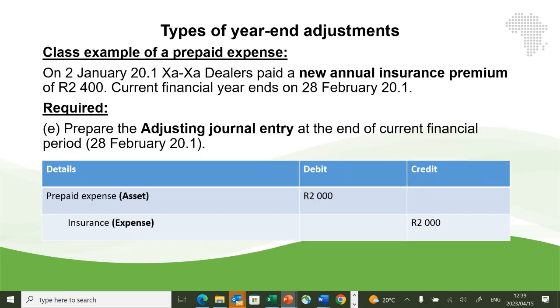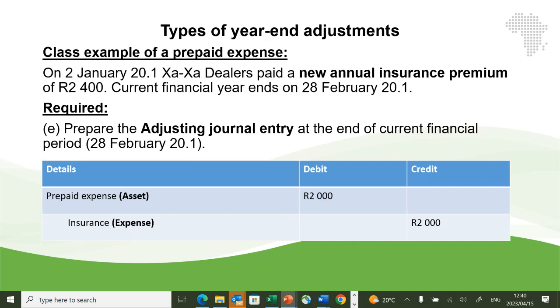And then you were required under E to prepare the adjusting journal entry at the end of the current financial period. Remember, when you're recording on CPJ, you record the entire amount, which is how much? 2,400. But now, after doing your analysis, you know that only 400 belongs to the current financial period and 2,000 belongs to the next. So what does not belong to the current financial period needs to be taken out.